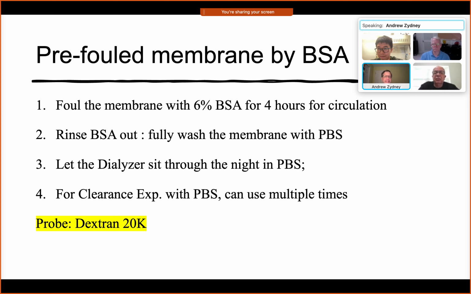Like I say, this seems like a pretty good starting point, and you'll know whether there was significant fouling, because if there's significant fouling, the clearance after the fouling should be significantly less than the clearance before fouling. And if there's no change in clearance, then obviously you didn't really foul the membrane much.